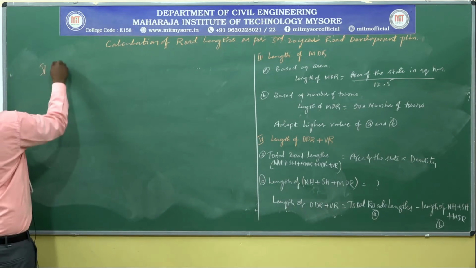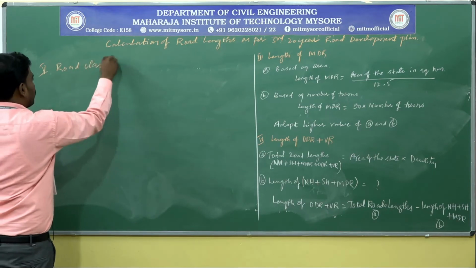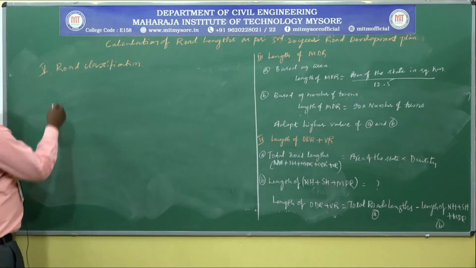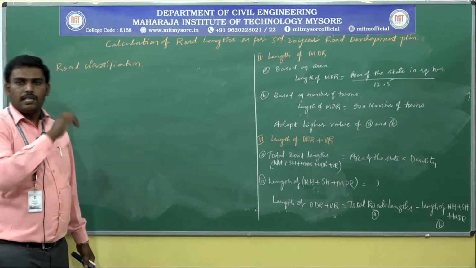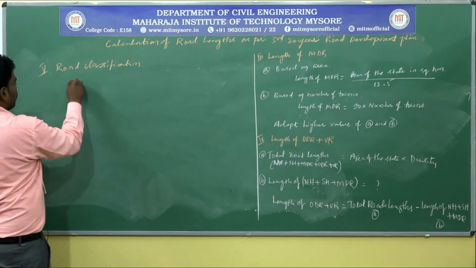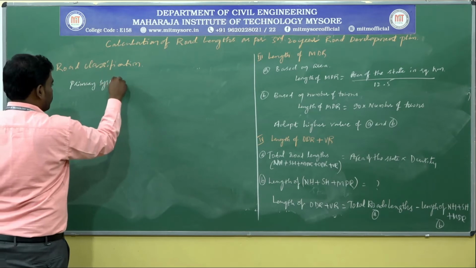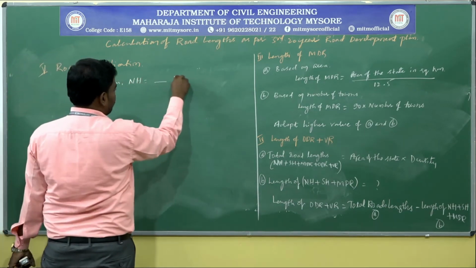Fifth step, it is road classification. Road classification means you should bifurcate the roads into primary, secondary and tertiary system. So primary system consists of NH, dash kilometer.